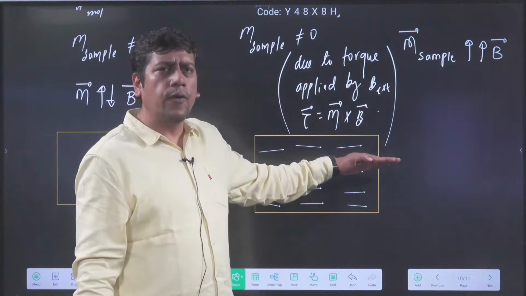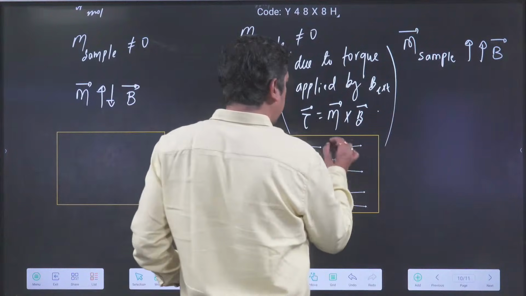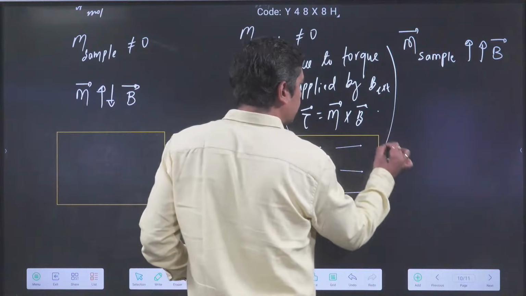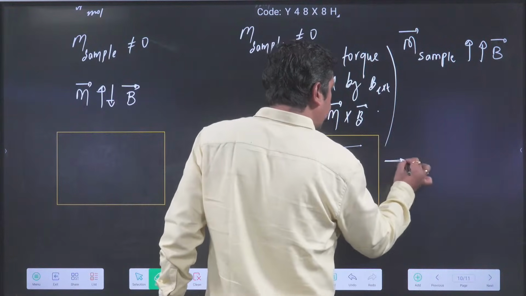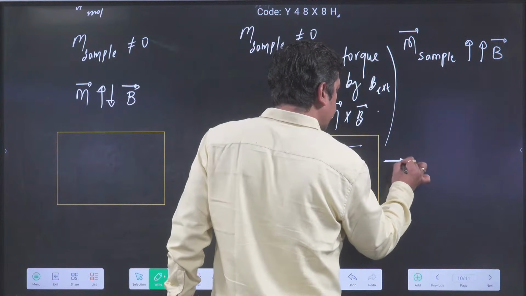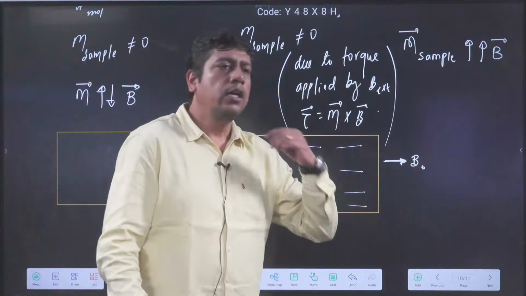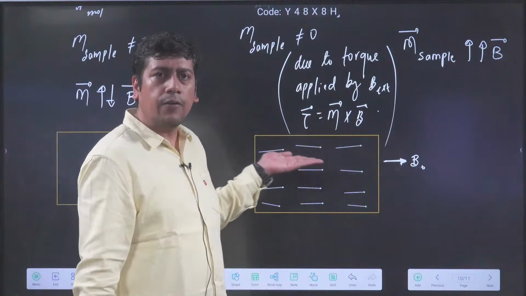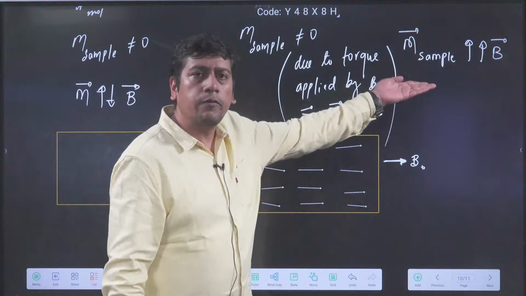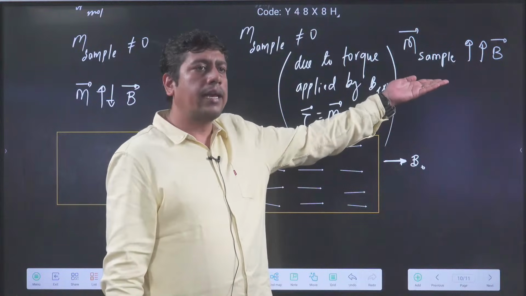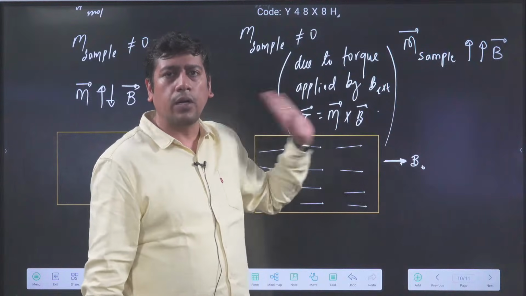But anytime you find m sample, you will get m sample in the right direction. Why? Because the external field which we have applied here, let's call it B naught, is to the right side. So if you take the vector addition of all these vectors, m sample will also be to the right side. That's why we say m sample is parallel to B, and this has been done due to the torque applied by B naught. I hope it is clear.